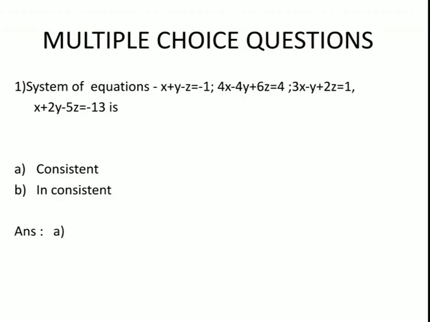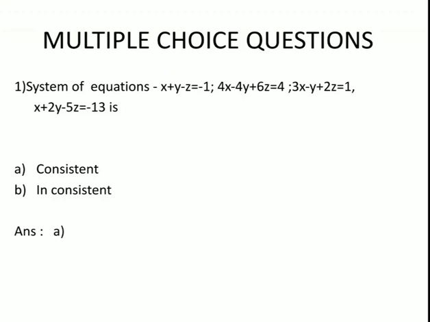So this is about the solution, and again I have given you 5 multiple choice questions. You can solve these questions yourself. I have given the answers also, and you have to verify your answer by solving each example. Here you have to verify whether the system of equations is consistent or inconsistent.